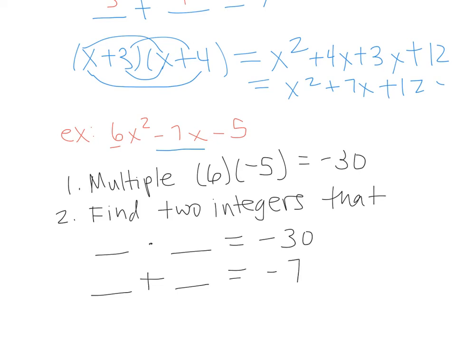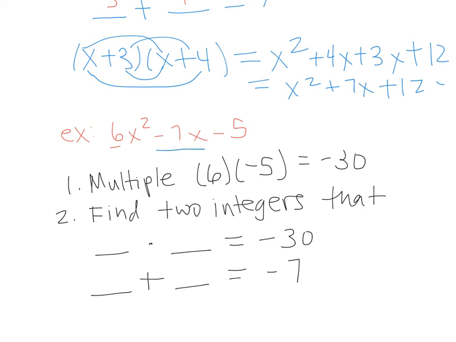Okay, so this is similar to what we did when we had leading coefficient of 1, but we have to do that first step of multiplying the leading coefficient by the constant term. Okay, so here is where we can maybe do a little bit of trial and error to figure out what that is. So we want to multiply to negative 30, and we want to add to negative 7. Okay, well, negative 30 we could get as negative 5 times 6.